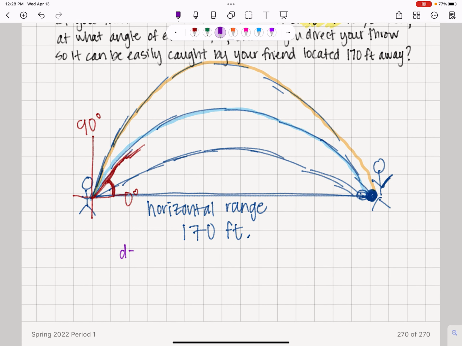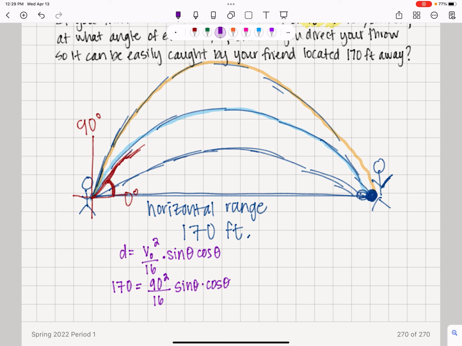We've got D equals the initial velocity squared over 16 times the sine of theta times the cosine of theta. I'm going to plug in my 170 for my horizontal range. I'm going to plug in 90 for my initial velocity, so I have 90 squared over 16 times the sine of theta times the cosine of theta.